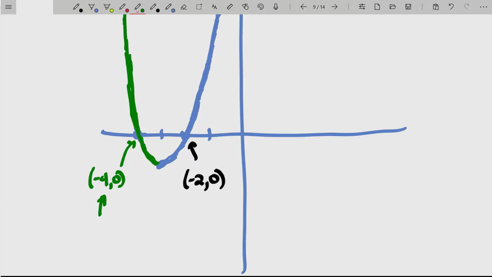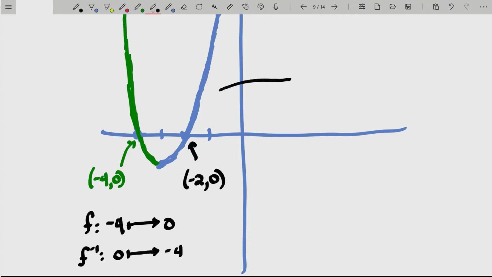And if the corresponding range value for -4 is 0 when you're talking about f, then the corresponding domain value would be 0 in its inverse. An easier way to say it: f takes -4 and trades it into 0. Its inverse had better take 0 and map it into -4 if we were doing the green part.